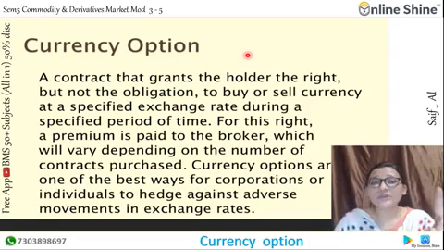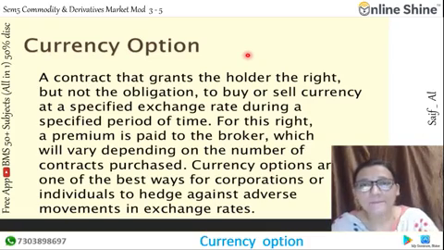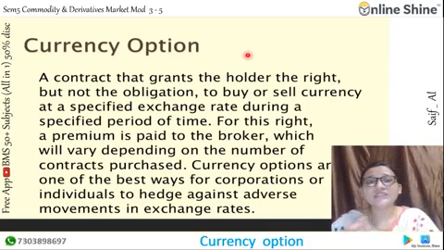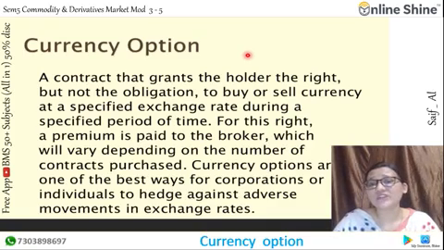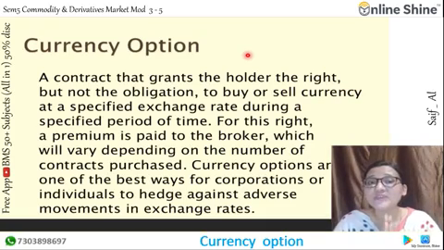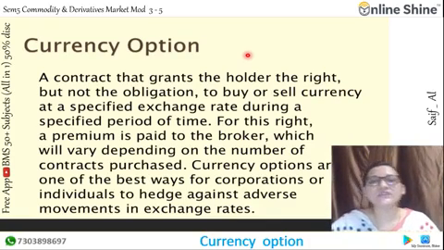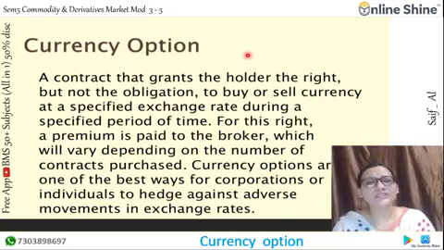Initially, in a call option, the buyer pays the broker a premium, which depends on the number of contracts purchased. Currency options are one of the best ways for a corporation or an individual to hedge, meaning to minimize their risk against adverse movement of the exchange rate. So the currency option is a right but not an obligation, in short.